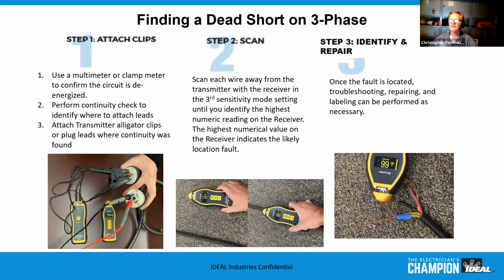Attach the transmitter with alligator clips where the continuity was found. Then you scan the wires away from the transmitter. We recommend the 3rd sensitivity setting until you get the highest numeric reading on the receiver. Your receiver will indicate the likely location of the fault, and once that fault is located, you can troubleshoot or repair it.